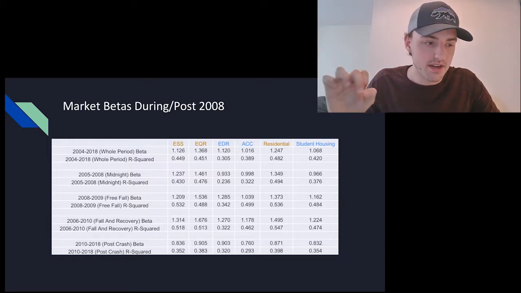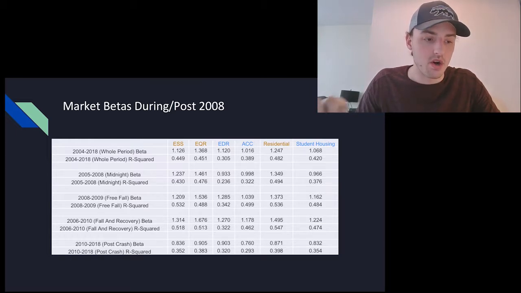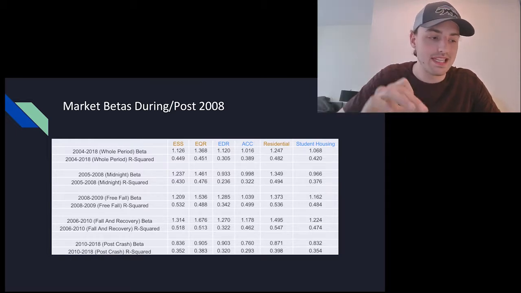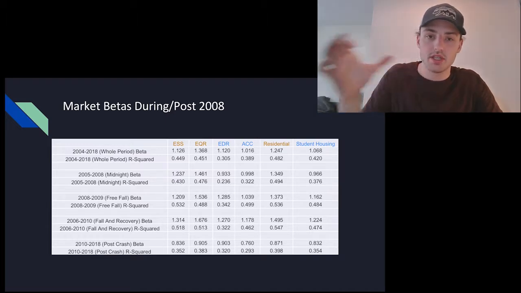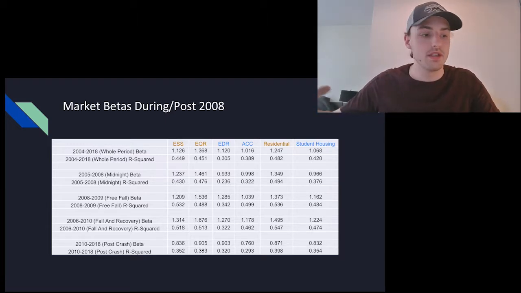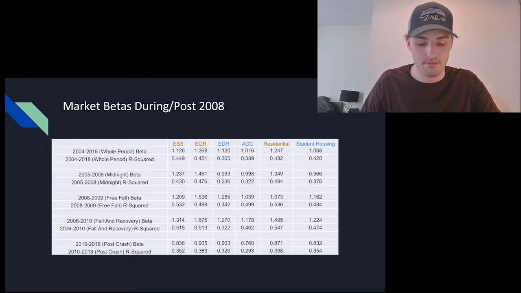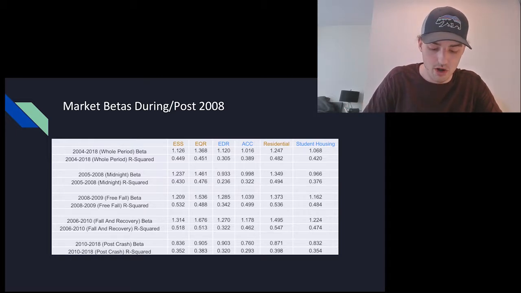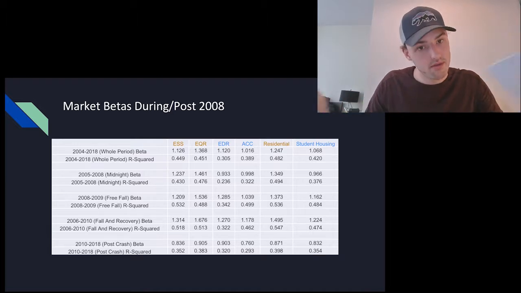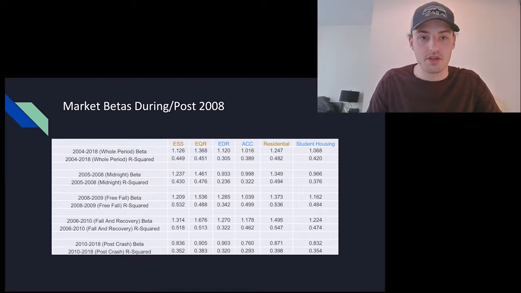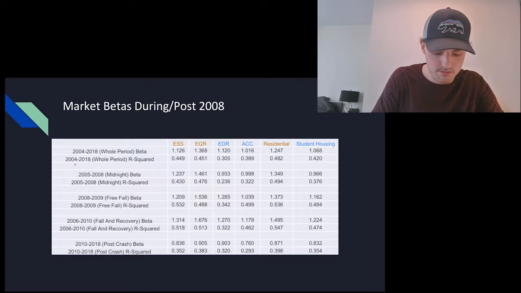The second set of numbers, titled Midnight, shows the relationship in a concentrated time frame leading up to the market collapse. So this is during the bubbling phase of the market, which I've called midnight because it's before the clock strikes 12 and things come tumbling down.